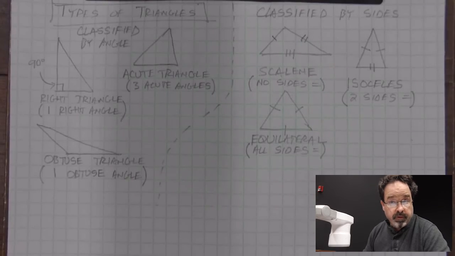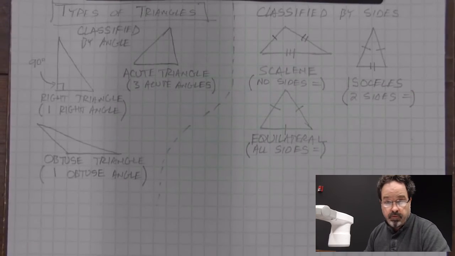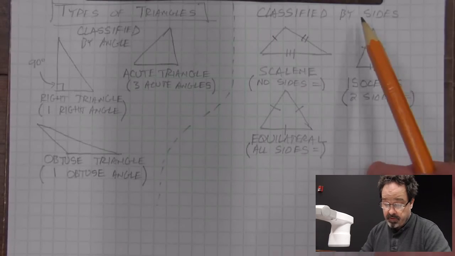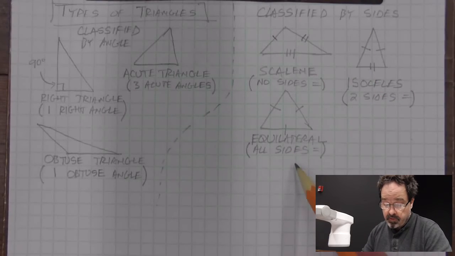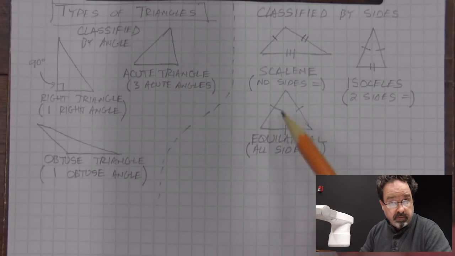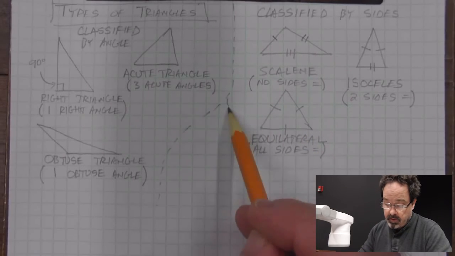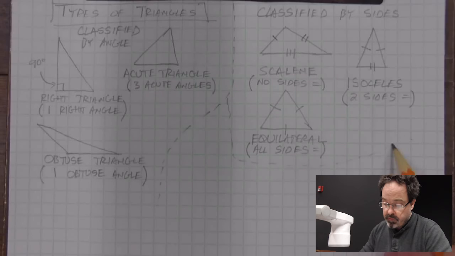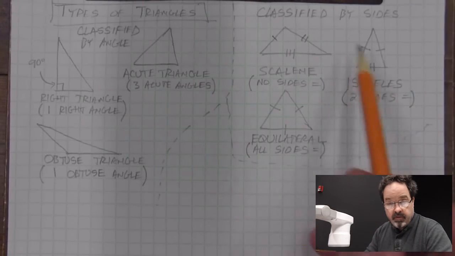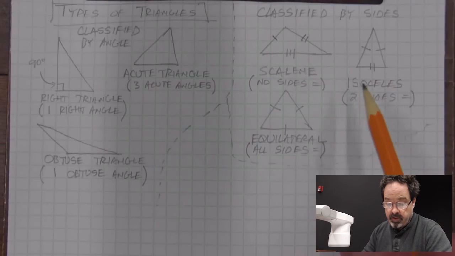Now, it's also true that the angles of an equilateral triangle are all equal as well, but we're classifying this equilateral triangle by what we know about the equal sides. So we've got a group of triangles and their names based on side information.